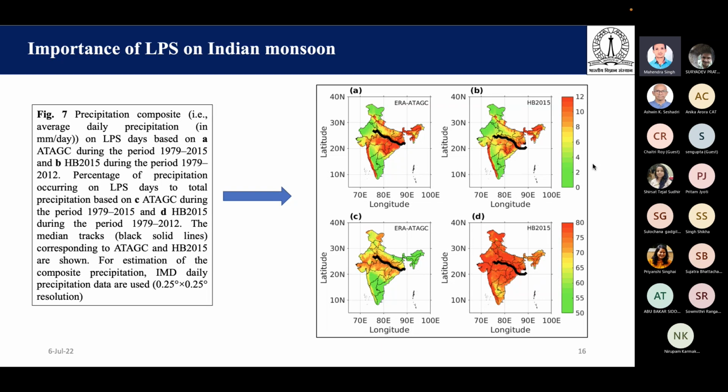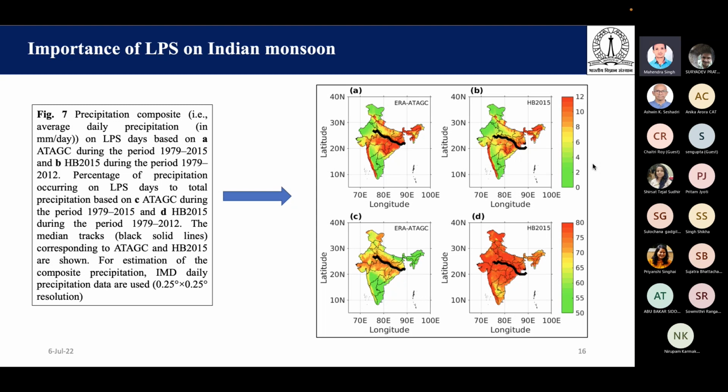Here we can see that most of the rain is during the LPS days. Most of the rain is near the median track, and we can also see that most of the rain is to the southwest of the track, as shown previously, that most of the rainfall occurs in the southwest part of the low pressure system.